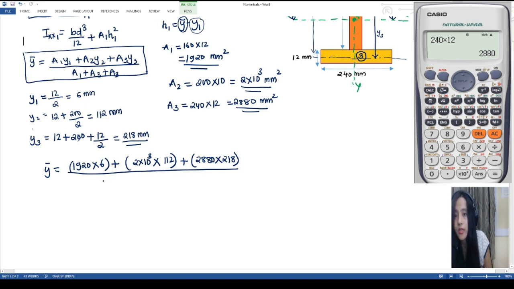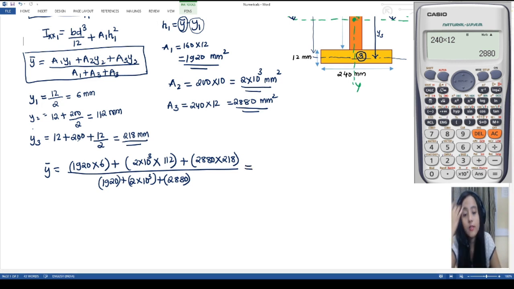So area 1 is 1920 plus 2 into 10 raised to power 3 plus third area is 2880. So if we solve this in a calculator, let's see how much you will get.